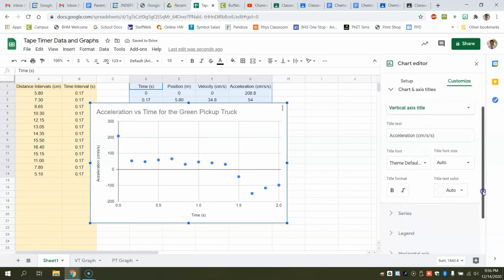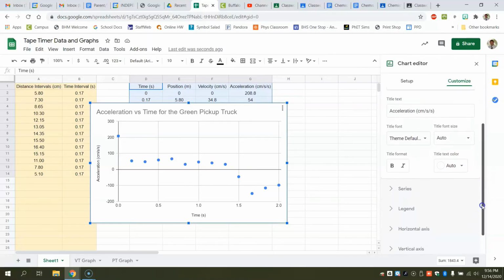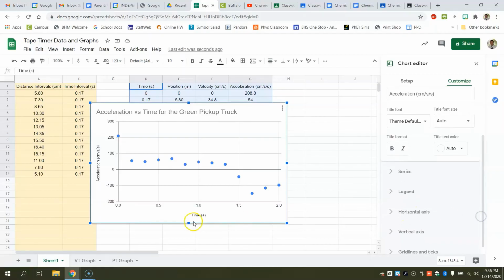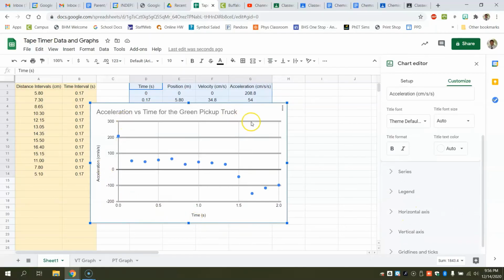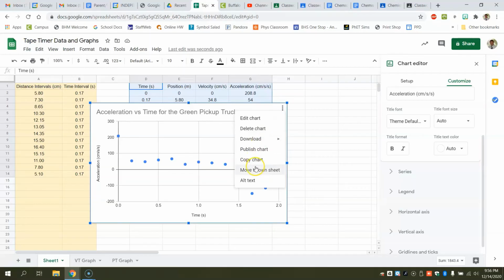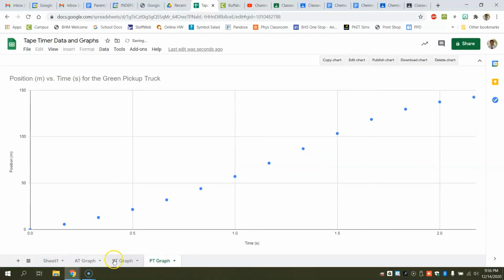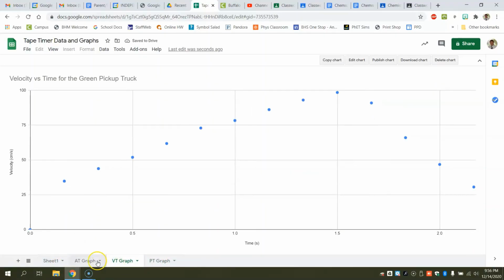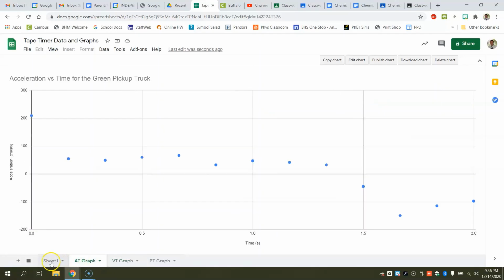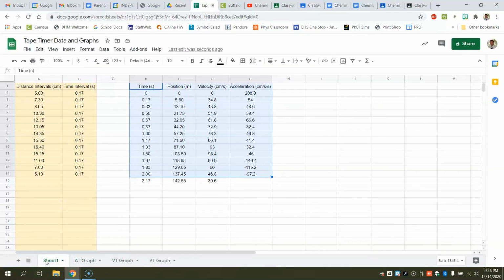And now that we've got that, we can go ahead and check our labels and title. We're done with that. We can then move it to its own sheet and rename that sheet to be the AT graph. Now that you have your three graphs, your PT graph, your VT graph, and your AT graph, and your data, you're now set and ready to answer the questions in the form.